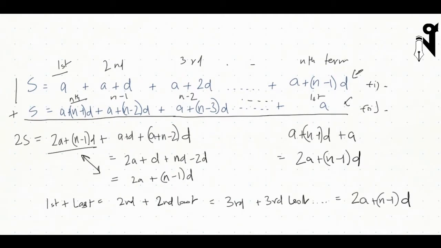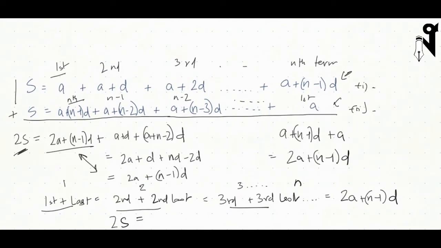So 2S, which is the left hand side over here, is equal to all these sums: first plus last, second plus second last, third plus third last, and so on. Clearly there are n terms in the series, so I basically have n times (2a plus (n minus 1)d).